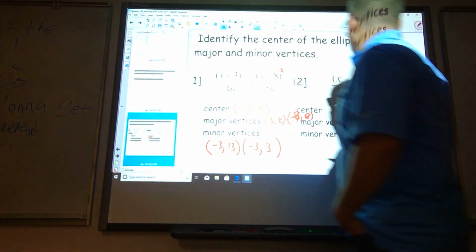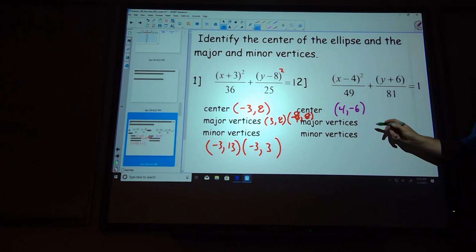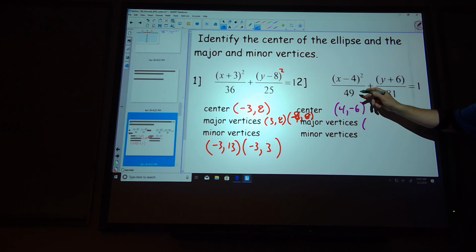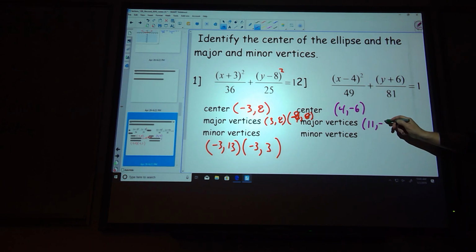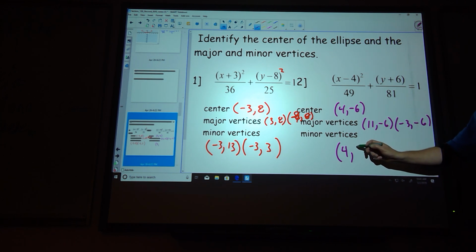Let's try this one, see if we can get it. I'm thinking 4, comma -6. I'm thinking I go to 7. So that's going to go to 11, comma -6 and -3, comma -6. I'm thinking that's going to go to 4. We're going to add 9 to that. The major vertices. So the major one is the y.